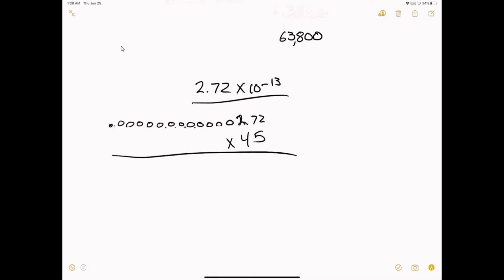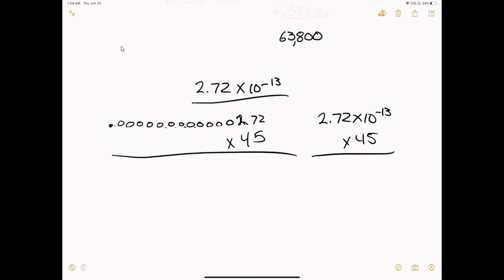Man, even with a calculator, punching in all those zeros, most calculators don't even go that big. And if you try to do this by hand, that would be really tricky. But if you were to do it like this, all of a sudden things become a lot more manageable. And it doesn't matter which way you go, bigger or smaller, scientific notation is really useful.